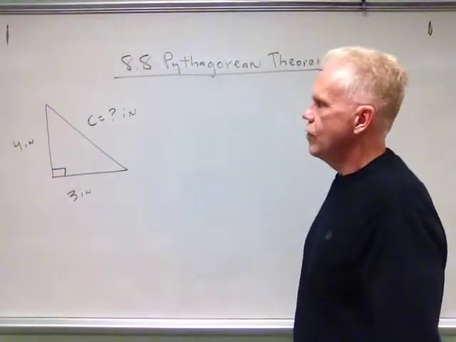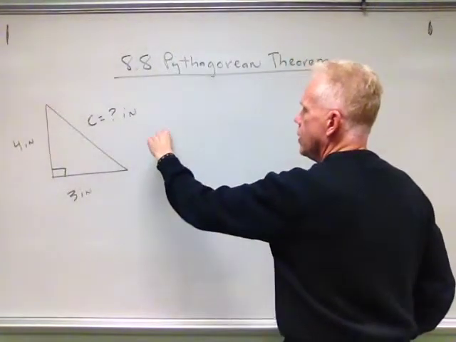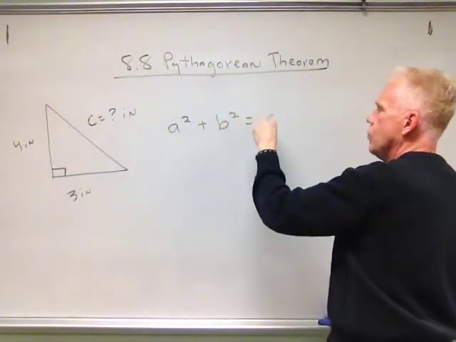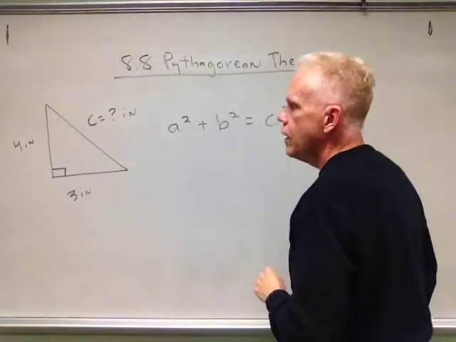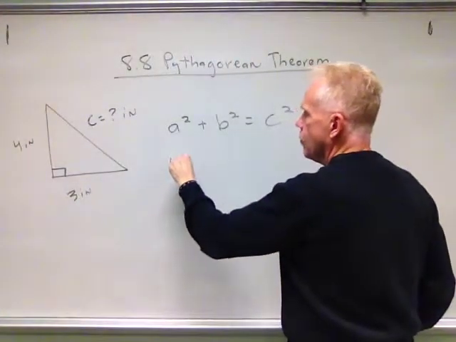So what we're going to do, guys, is use our formula, a squared plus b squared equals c squared. Leg A over there is 4 inches, so we're going to go 4 squared.